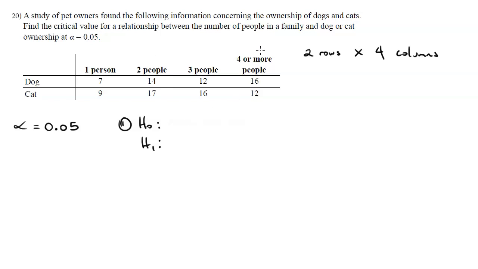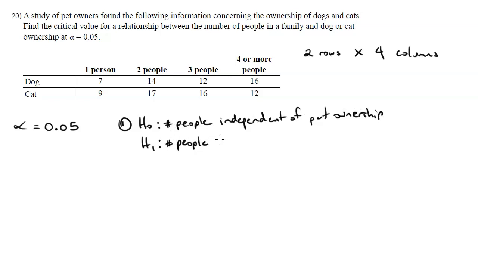The null hypothesis will say the number of people in the family is independent of pet ownership. No relationship, nothing to see here. The alternative hypothesis would say the number of people in the family is dependent on pet ownership. There is certainly a relationship, is what the alternative hypothesis would say.